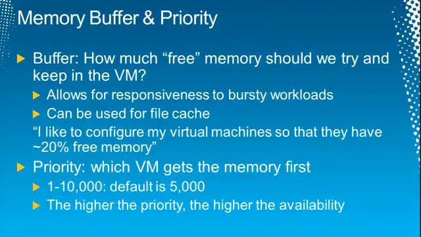We also have two settings, memory buffer and memory priority. The memory buffer is essentially saying how much additional memory should I try to allocate to the virtual machine above what the virtual machine is requesting. Most people, whether physical or virtual, try to run their workloads not right at the brink of maximum capacity. Usually you want a little bit of buffer, and our default here is 20%.